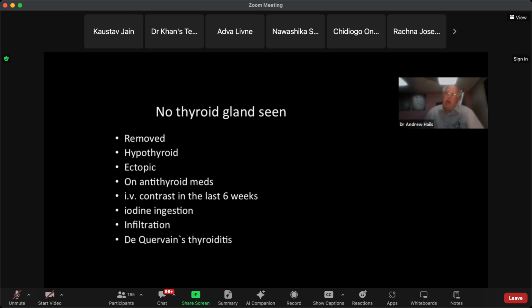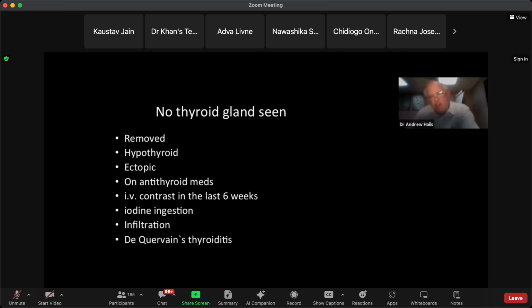Now, clearly, as in most radiology, you don't get told things. You might be asked to do a radioisotope thyroid scan if somebody's had a thyroidectomy. But there are various causes of not being able to see the thyroid. Hypothyroidism, clearly, as we just saw, de Quervain's thyroiditis, an ectopic thyroid gland, if they're on anti-thyroid medications, or if they've had IV contrast.